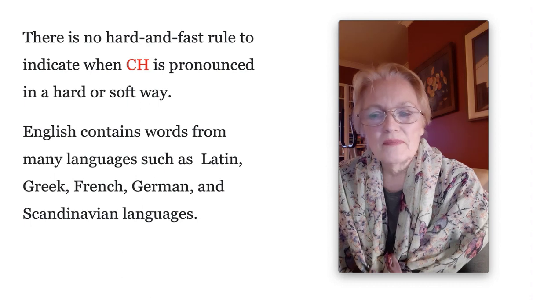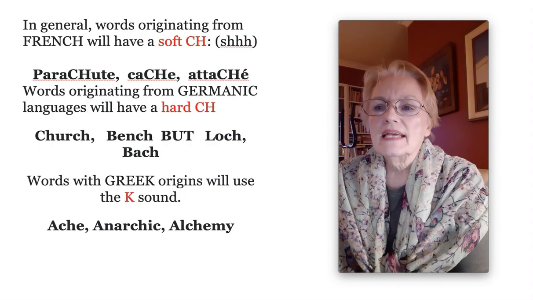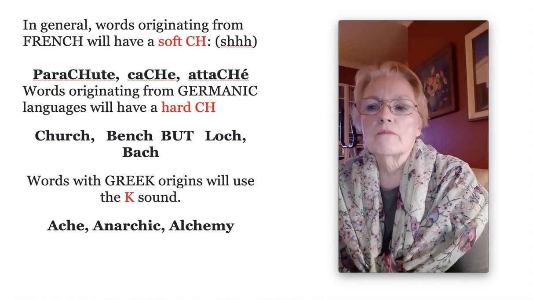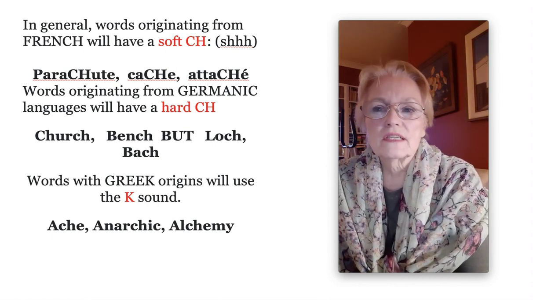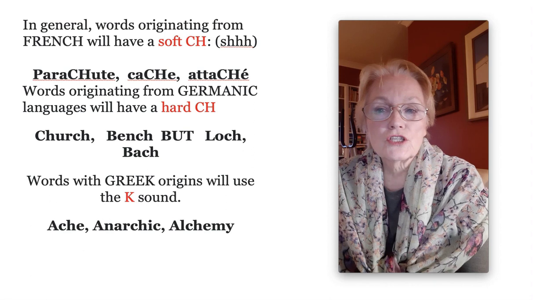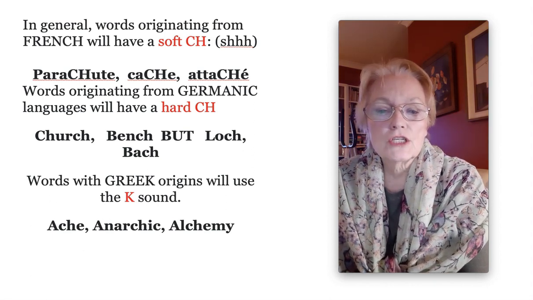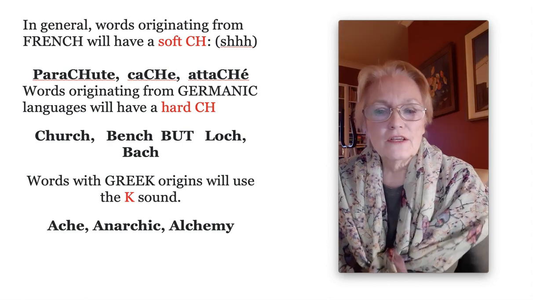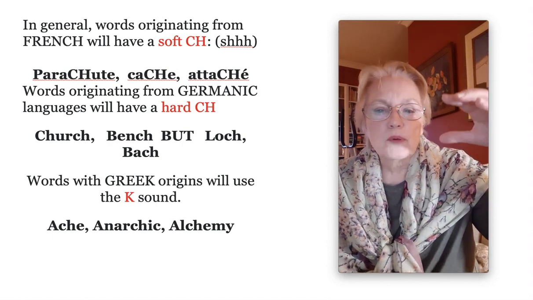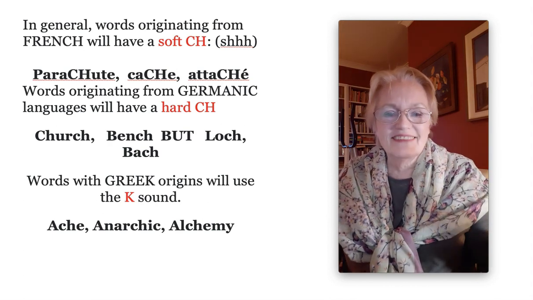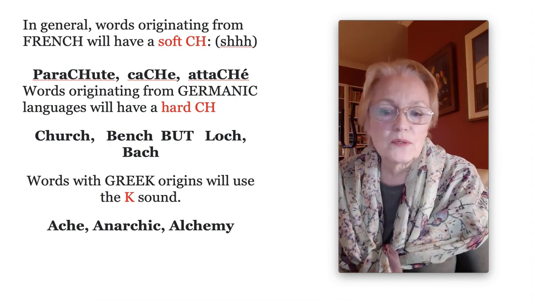Okay, now let's have a look at this one. So in general, words originating from French will have a soft CH, like the sh sound, okay? So we have parachute. You know, the soldiers that jump out of aeroplanes and they've got the parachute above them to stop them crashing to the ground. The parachute, that's a French word.